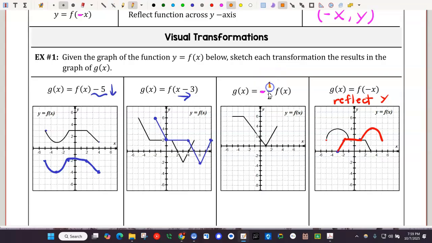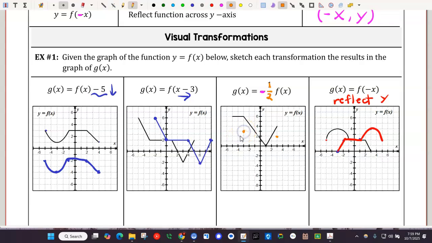I'll put this part in orange. So we got the 1/2. Let's take just half of everything. So if I take half of every y value, this 4 will become a 2 down here. Half of 0 won't change. And right here, half of 3 goes to 1.5. Or we could pick a better number. Let's say half of 6 is going to be 3.